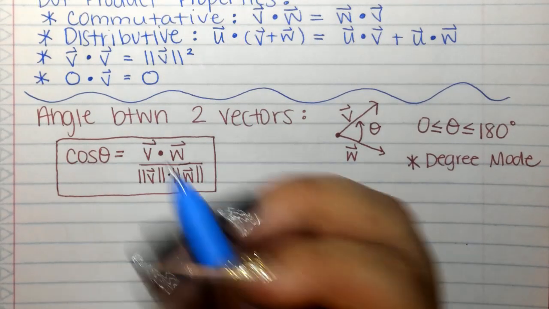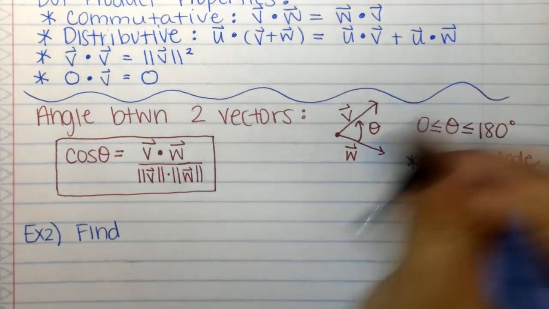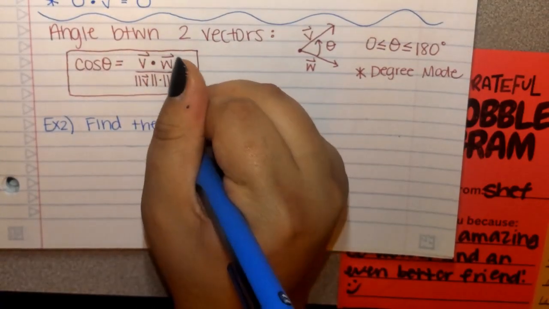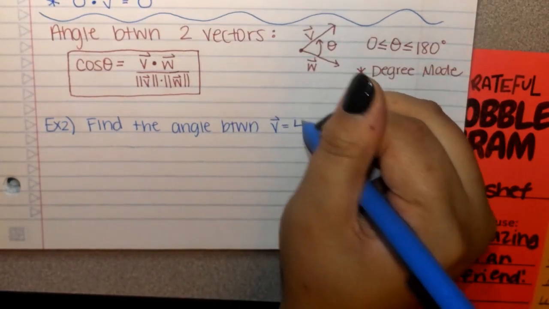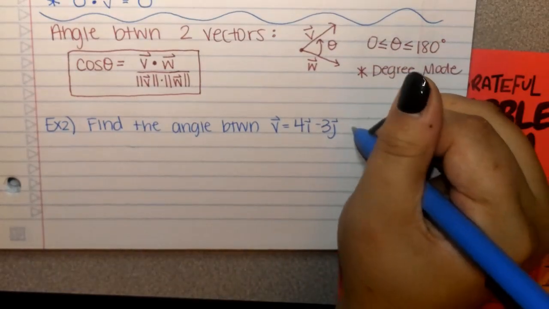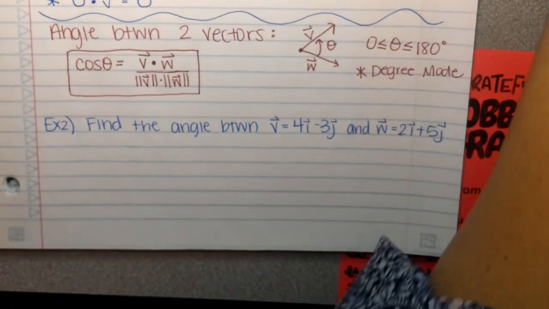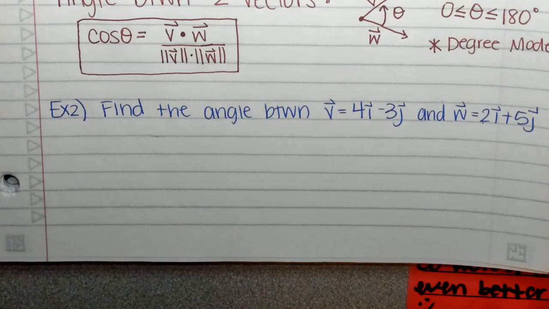All right, so let's do example 2. Find the angle between vector v, 4i minus 3j, and vector w, which is 2i plus 5j.